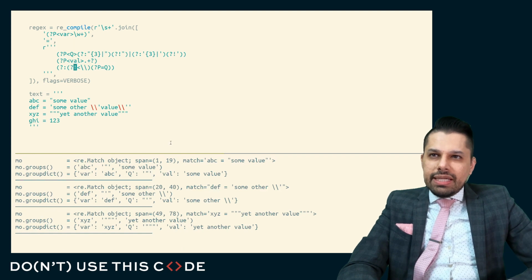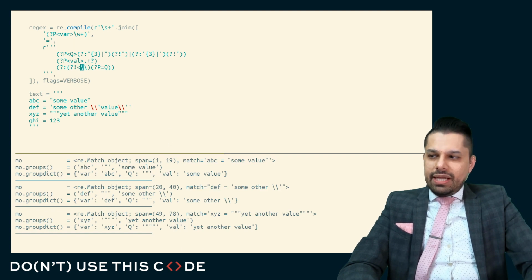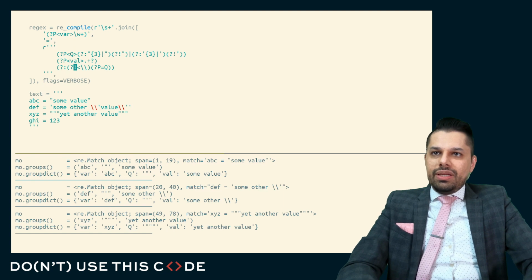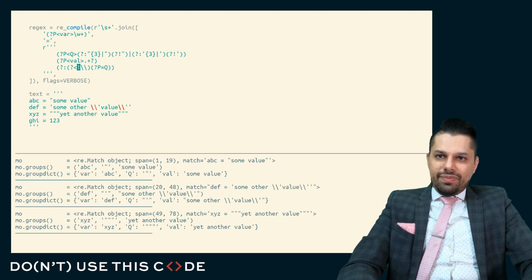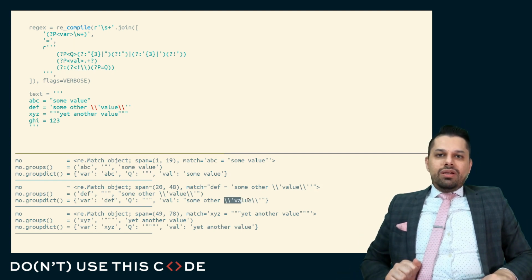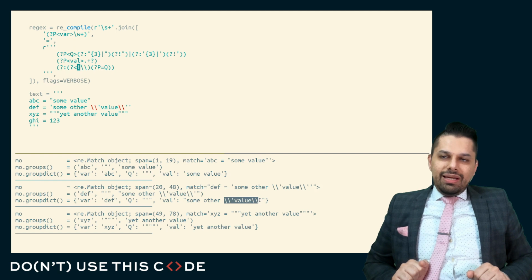And you can see, as long as this isn't a single backslash, this is where it starts to get a little bit, okay, hold on, this has to be like that. And there we go. You can see it matched the escaped single quotes.